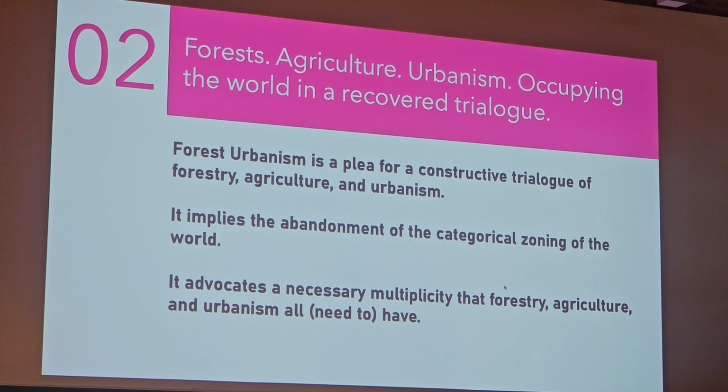So if we take these three, excluding water, which is a system that connects everything, these three big occupations of the earth, forestry, agriculture, and urbanization, urbanization also could include different forms of extraction, in the biggest sense. The plea of forest urbanism is to recreate a balance between these three big things.